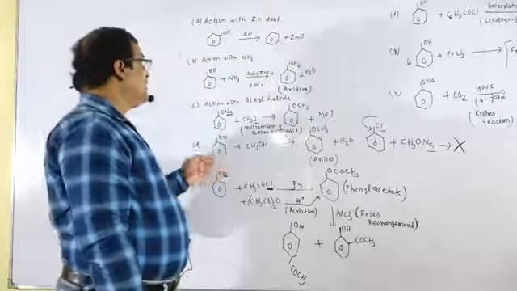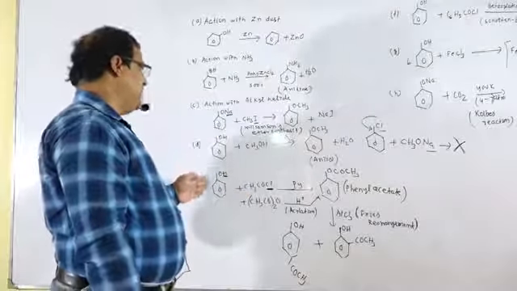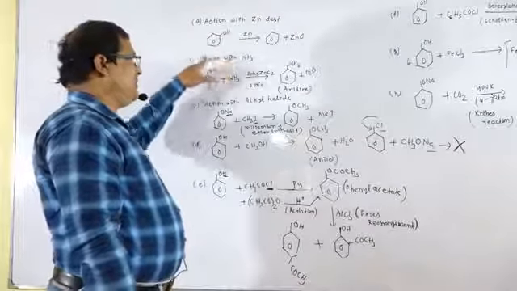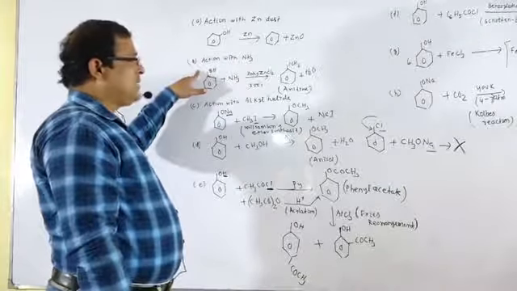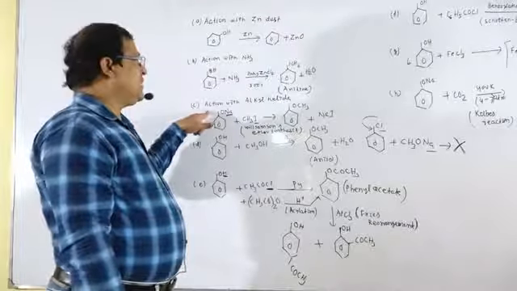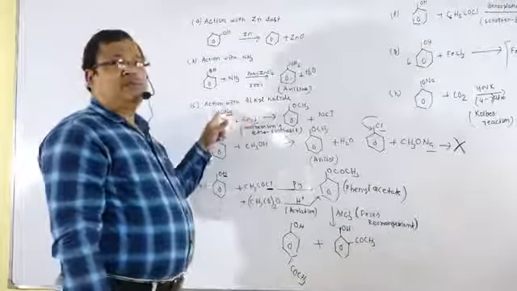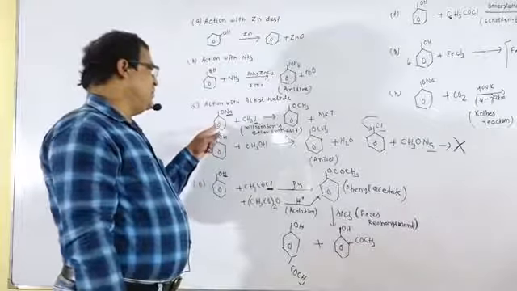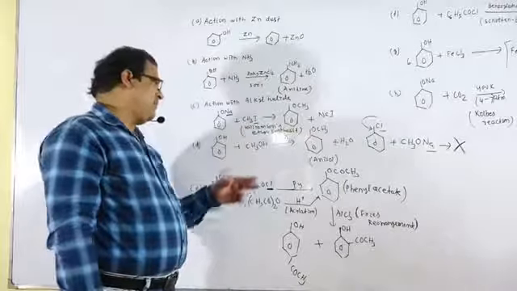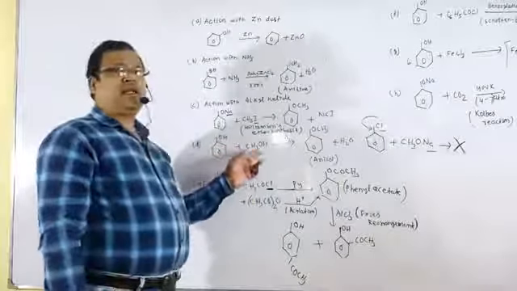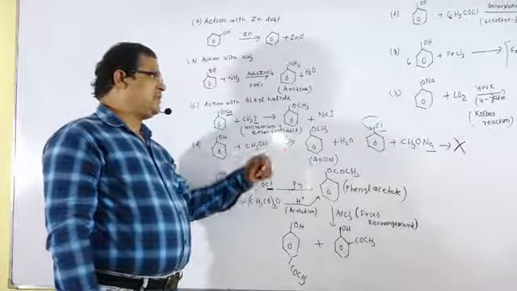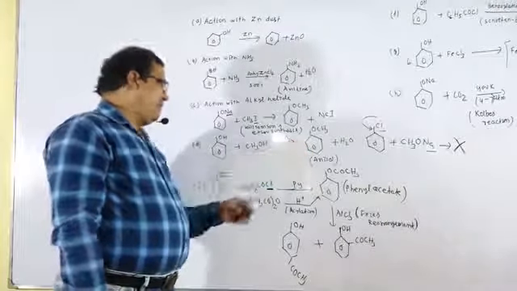So this is regarding some reactions of phenol. With zinc dust, benzene will be formed. With ammonia in presence of anhydrous ZnCl2, aniline will be formed. With alkyl halide, the sodium salt of phenol, sodium phenate, gives aromatic ethers. Phenol treated with alcohol in presence of thorium oxide, a dehydrating agent, gives an aromatic ether.